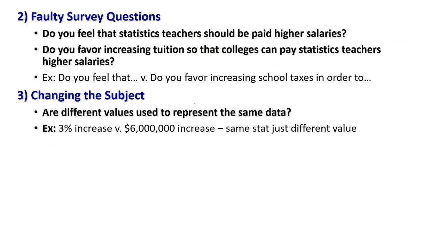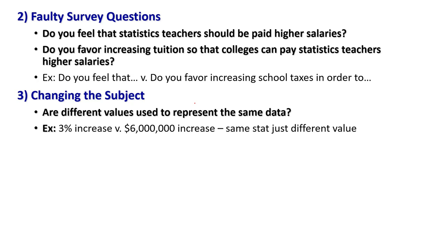Number 2 is faulty survey questions, or faulty written questions when you are merely observing and taking answers from people. It is really hard to write an unbiased survey question. But here's some examples. Do you feel that statistics teachers should get paid higher, versus do you favor increasing tuition costs so that colleges can pay statistics teachers higher salaries?